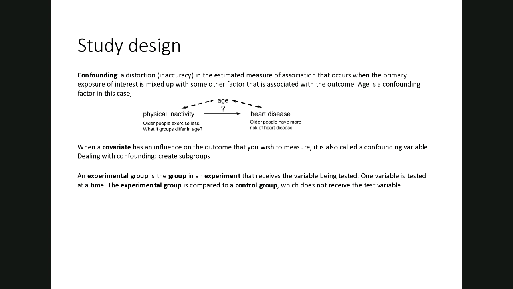For example, if you are trying to get the relationship between physical inactivity and heart disease, but you never consider age as a factor of the people you're getting data from. Age definitely is a confounding variable, because with age these things may differ, or there's a relationship between these things with respect to age.